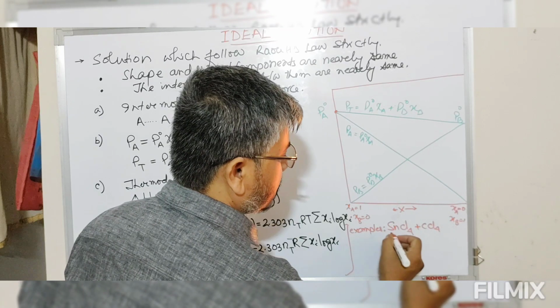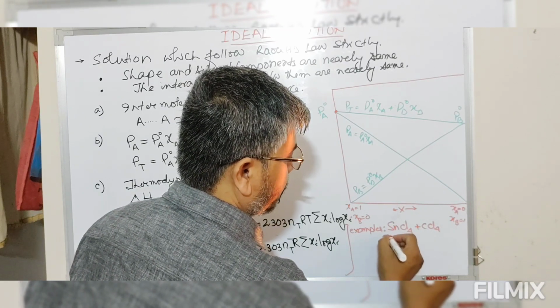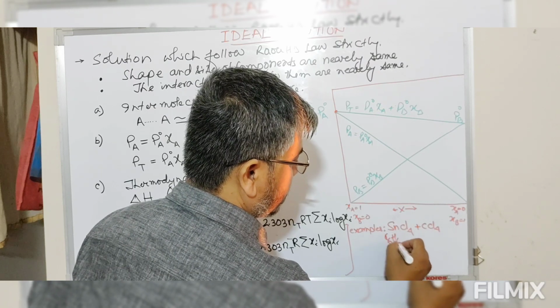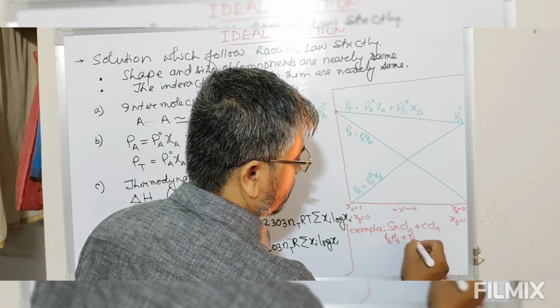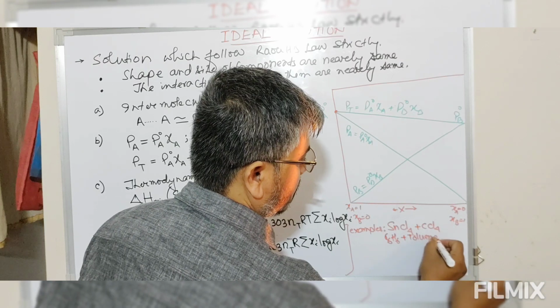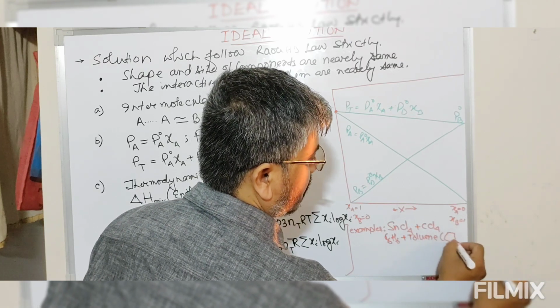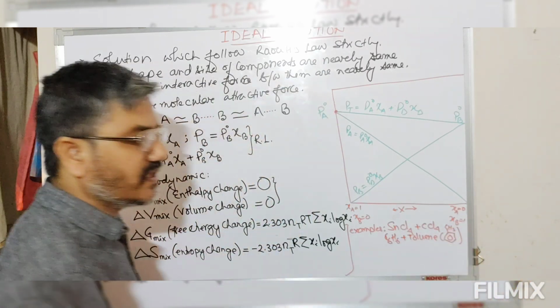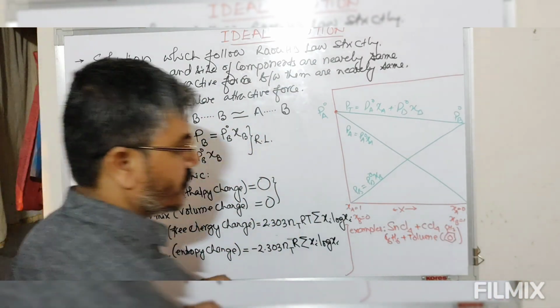Now we can have a look at this. Benzene and toluene, C6H6 plus toluene, that is methylbenzene. So benzene and toluene again forms nearly ideal solution.